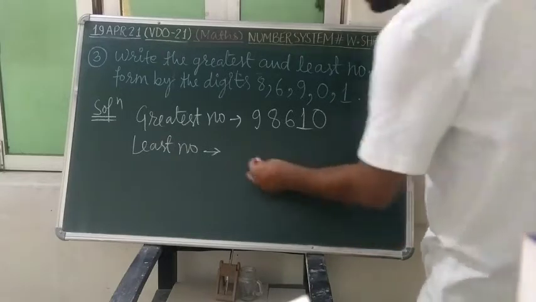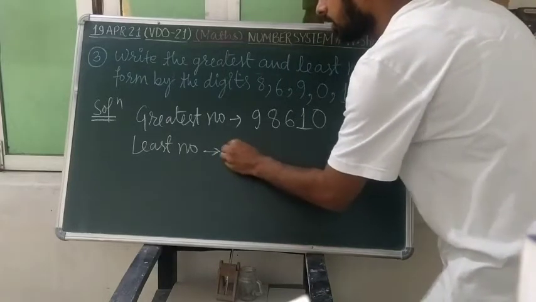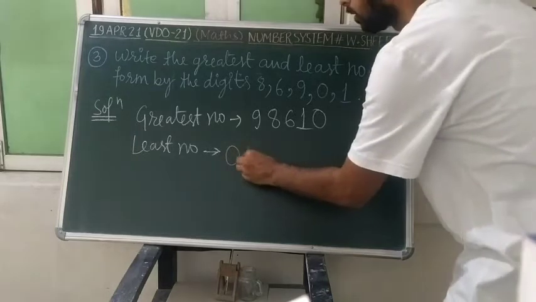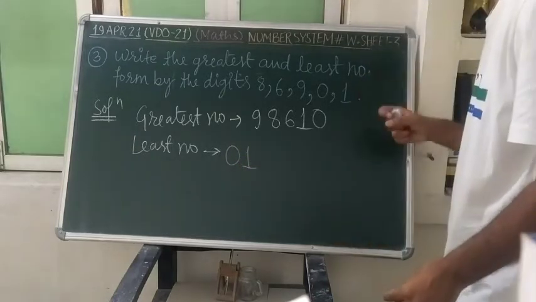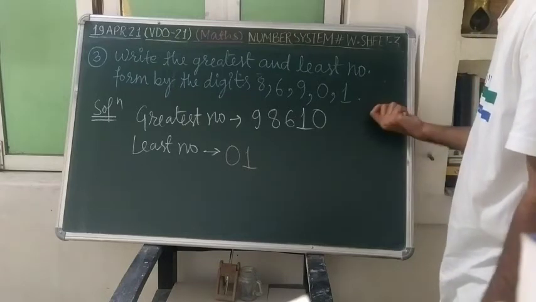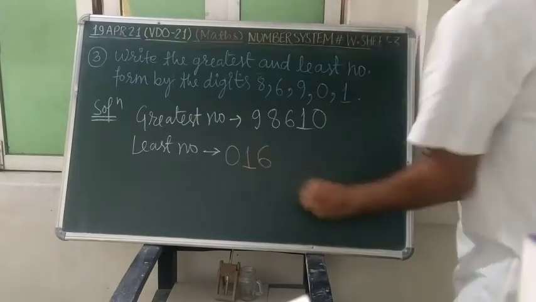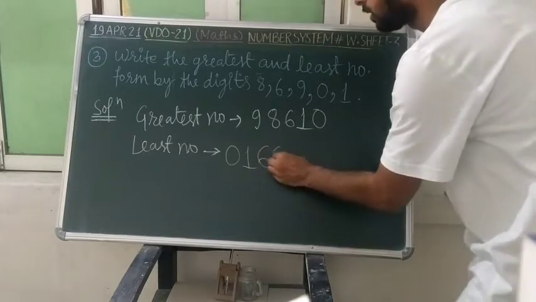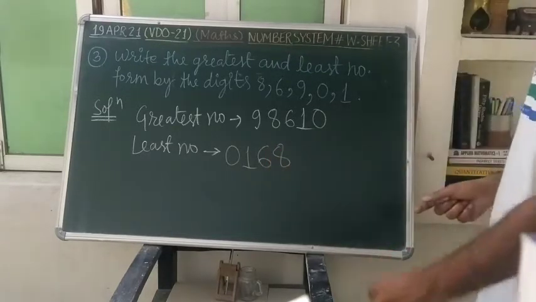So we can think: first 0, then 1, then 2 is not present, 3 no, 4 no, 5 no, 6 is present, 7 is not present, 8 is present, 9 is present.